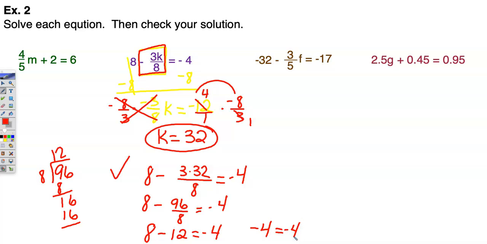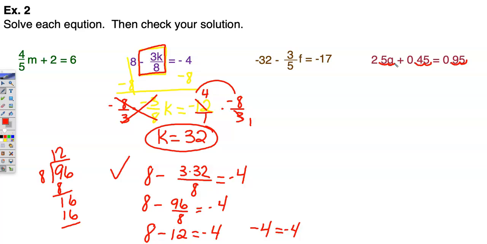I want to show you a little trick on this one with the decimals. It's really going to be worked pretty much the same way. But one thing you can do to eliminate all of the decimals, our highest number of places after the decimal is 2. So if we slide every single one of these 2 to the right, you can do that as long as you do it to every term that's in your problem.